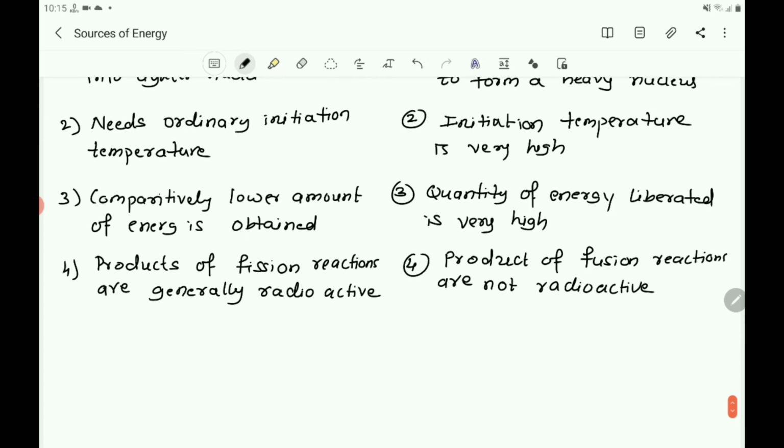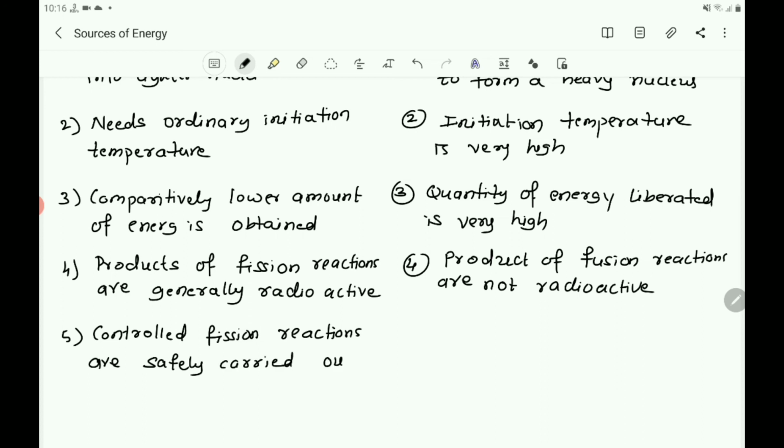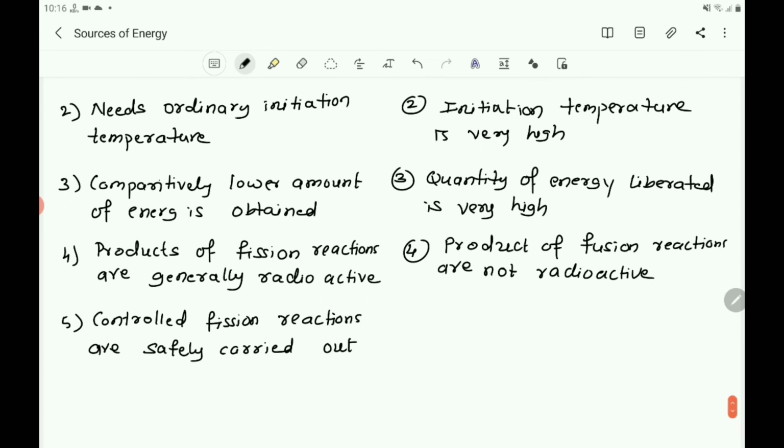Next one, controlled fission reactions are safely carried out to generate power.